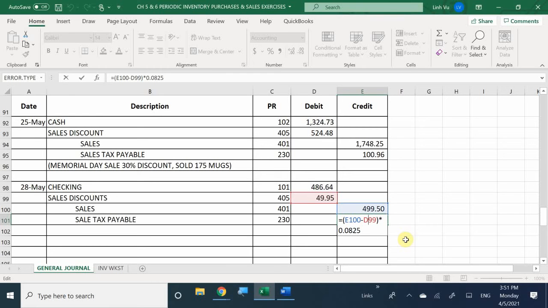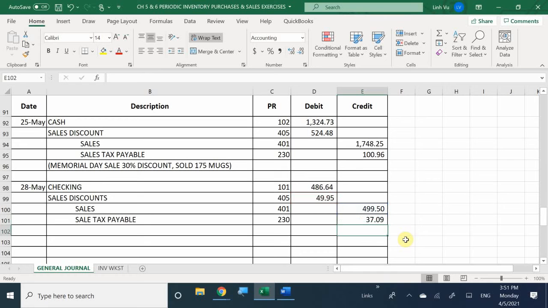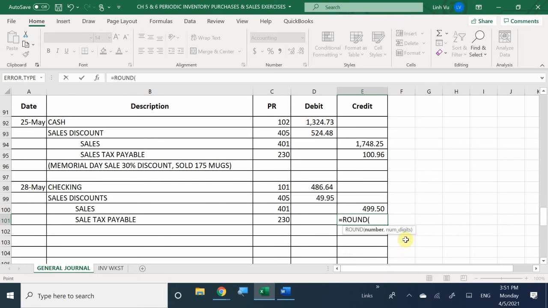The decimal. Oh yeah, see? I got the thing way different. Okay, so equal round.